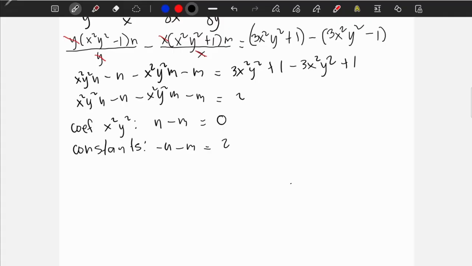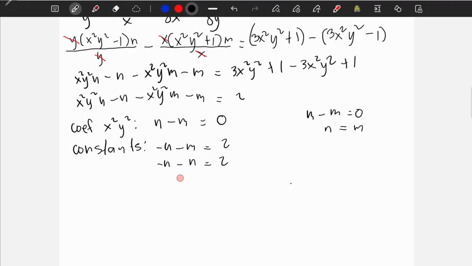We have two unknowns, two equations, so we will get the values of n and m. From n minus m equal to 0, transpose negative m to the right side, so we have n equals m. So n and m are equal. So substitute in negative n minus m, so m is now n.